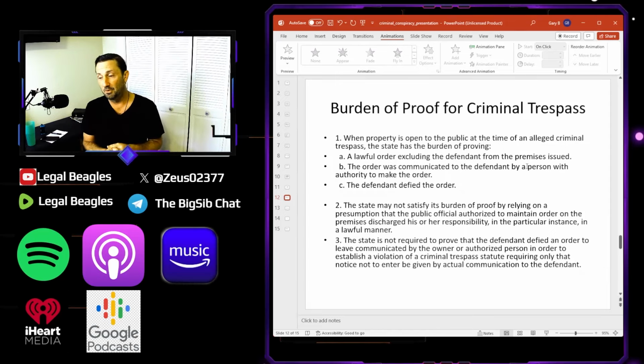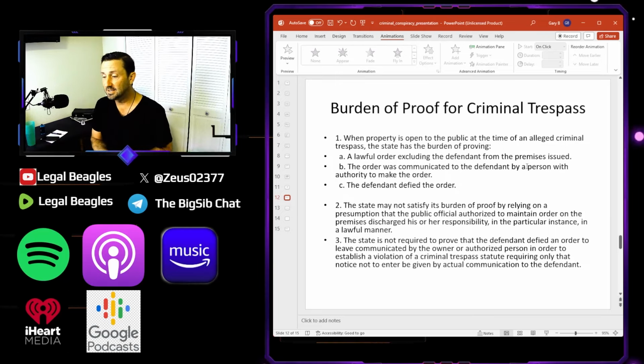And moving on to number 2, the state may not satisfy its burden of proof by relying on a presumption that the public official authorized to maintain order on the premises discharged his or her responsibility in the particular instance in a lawful manner. And so they're going to have to prove that they did this in a legal manner, which is a signed complaint by the owner of the property.